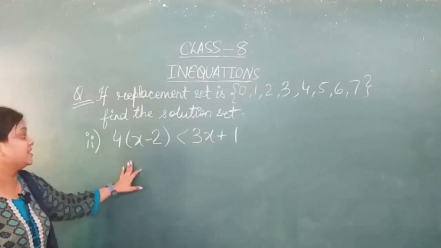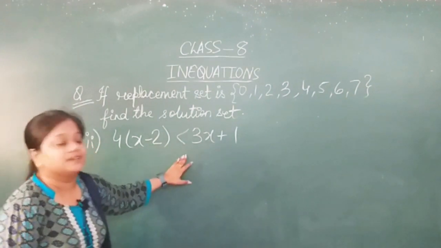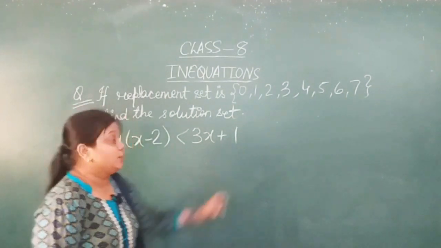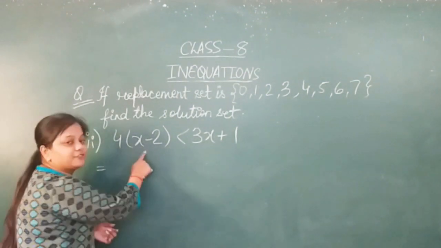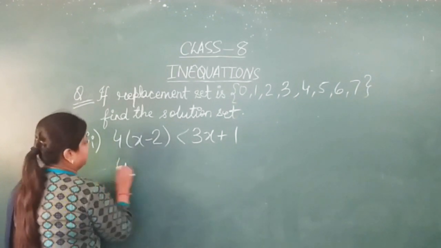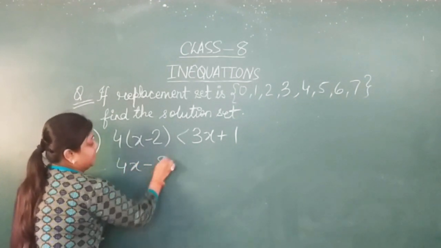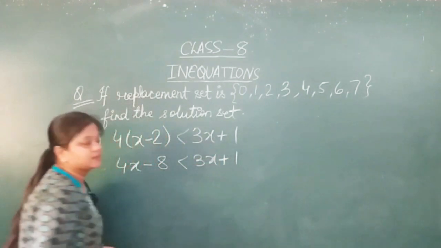The next question is 4 into x minus 2 less than 3x plus 1. We will open the bracket. We have to multiply 4 in the bracket, we will get 4x minus 8 less than 3x plus 1.